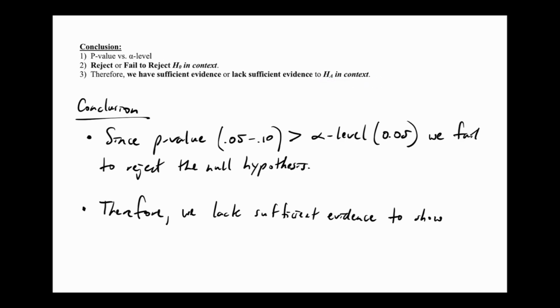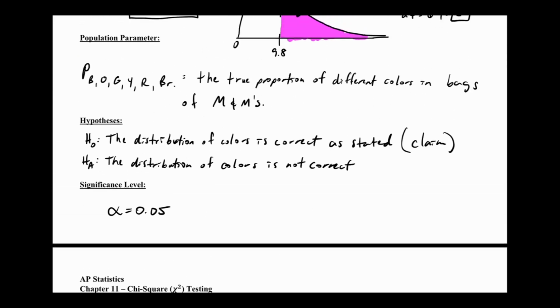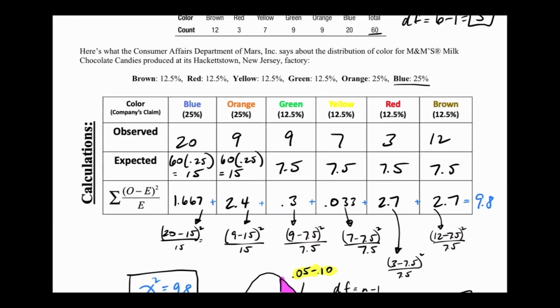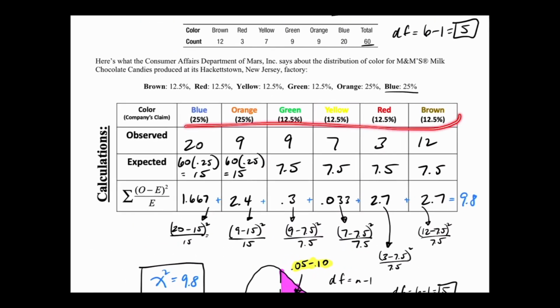Okay, so let's scroll back up for the alternative. The alternative was they're not. The claim is wrong. So we don't have enough evidence to say the claim is wrong. So we don't have enough evidence to say that these percents are wrong.